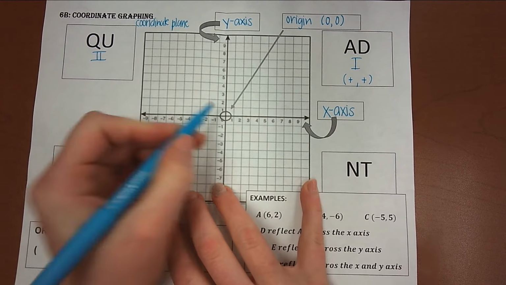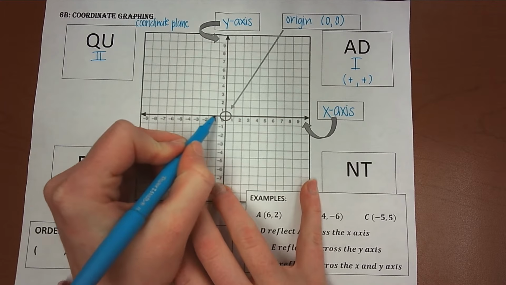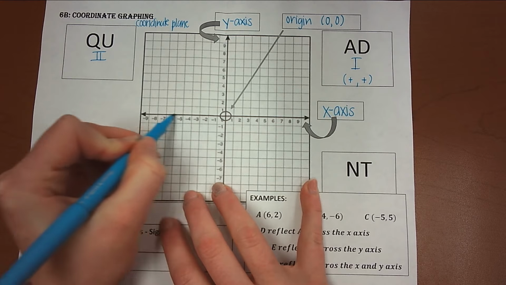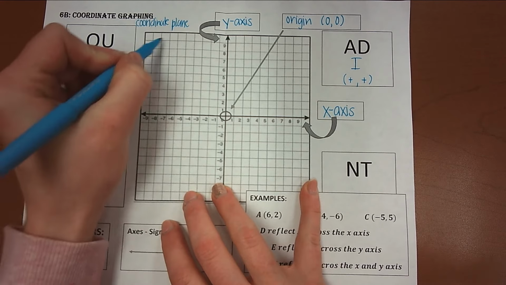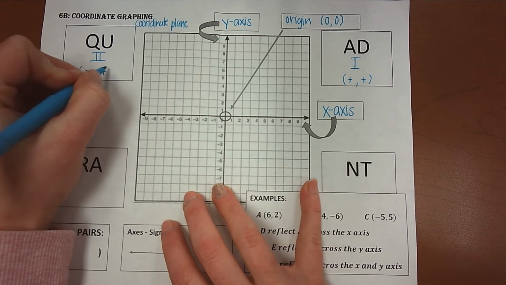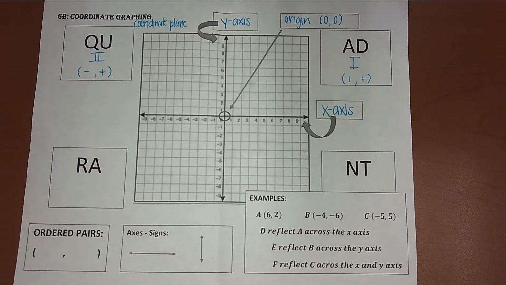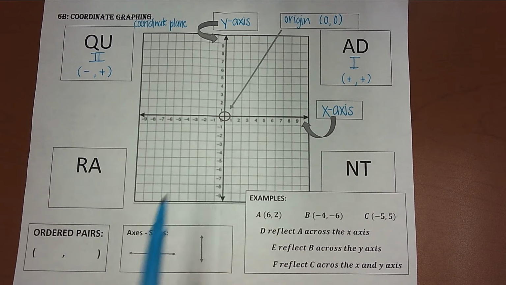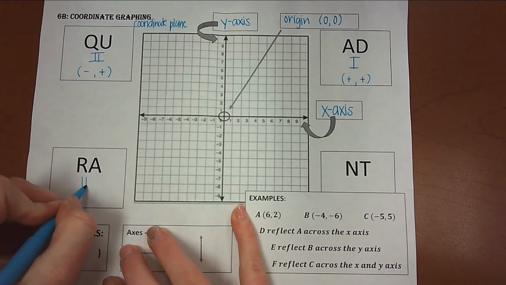In quadrant 2, since we always list our x value first when we're listing ordered pairs, our first value is going to be negative, our second value is going to be positive. So I'm just going to put a little hint for myself. I'm going to write an ordered pair with positive and negative symbols to help myself here. So quadrant 1, 2, 3, we just keep going around the circle counterclockwise.